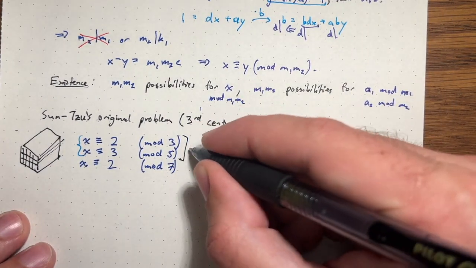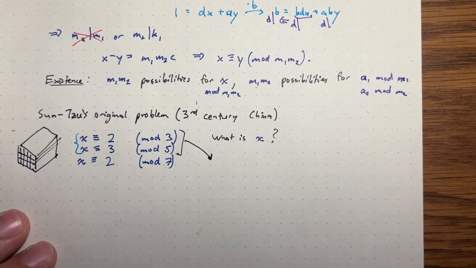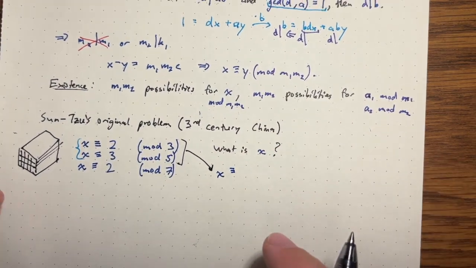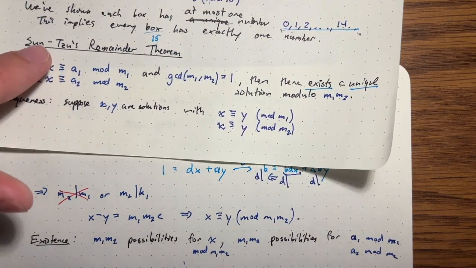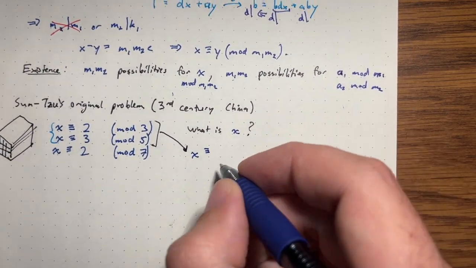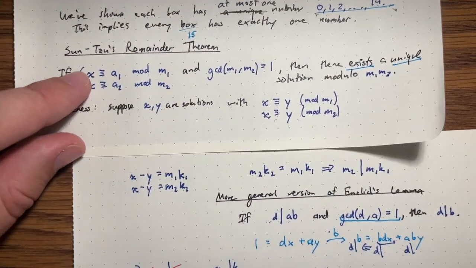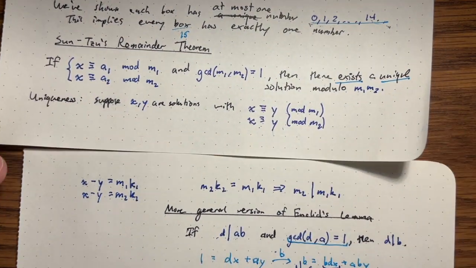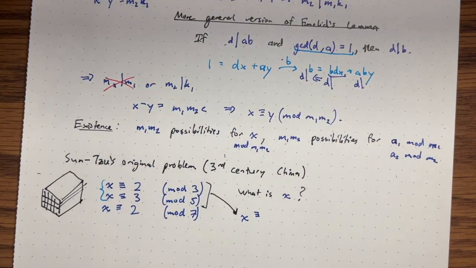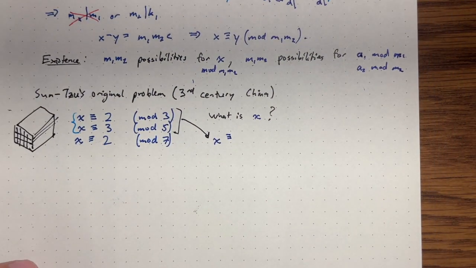So these will give me a solution modulo 15 by this first version of Sun Tzu's theorem. I should say there are actually many versions of Sun Tzu's theorem. This is a theorem that has been vastly generalized, which is one sign that it's a really important theorem.